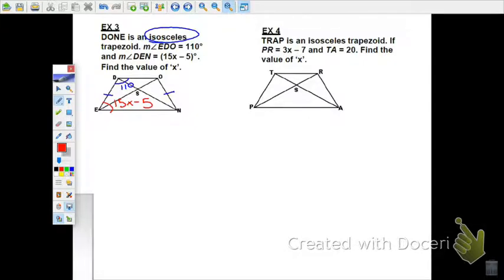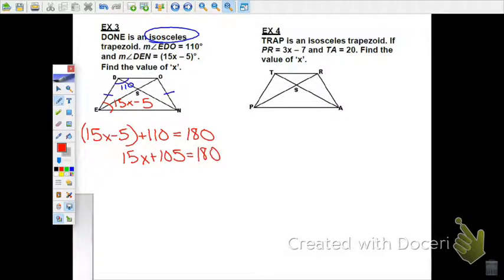So I have 2 angle measures. What do I know about the relationship between those two angles? They're same side interior, which means they are supplementary. So they add up to equal 180. So 15x plus 105 is equal to 180.